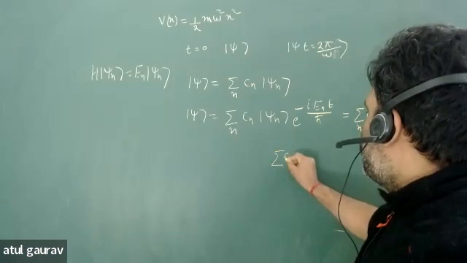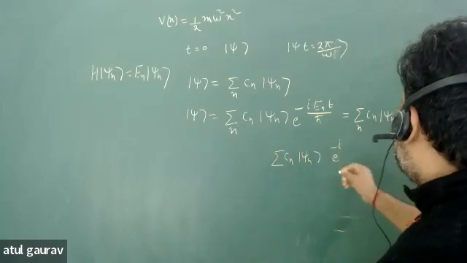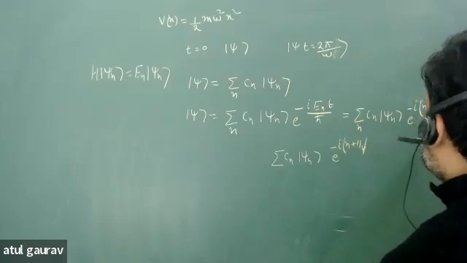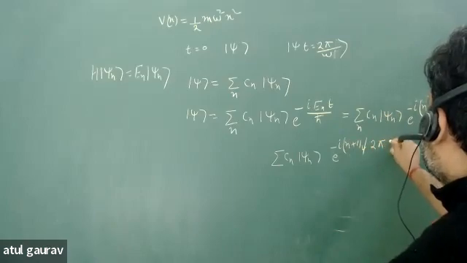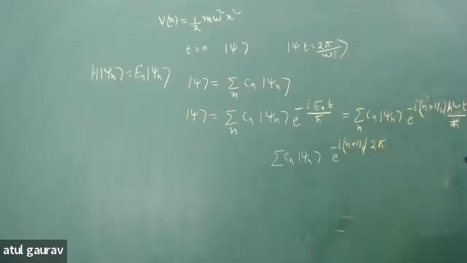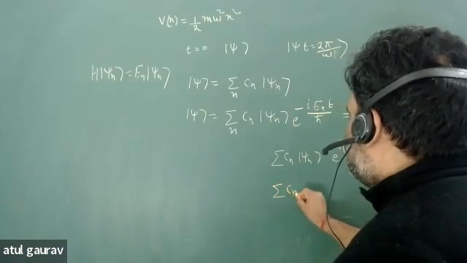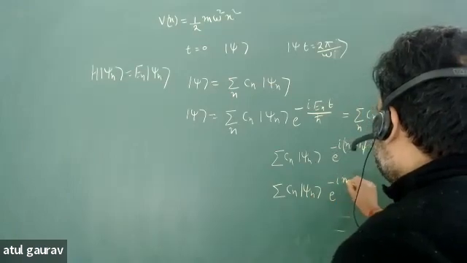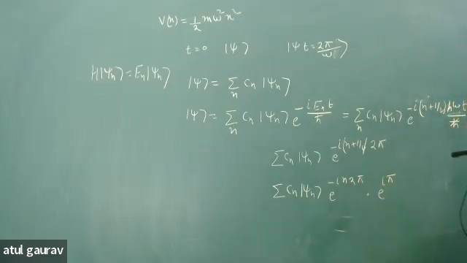So this value is c_n psi_n e to the power minus i (n plus half); ħ cancels, ω cancels. What do you have? Into 2π, isn't it? So what will you get? c_n psi_n e to the power minus i n into 2π, into e to the power minus iπ.